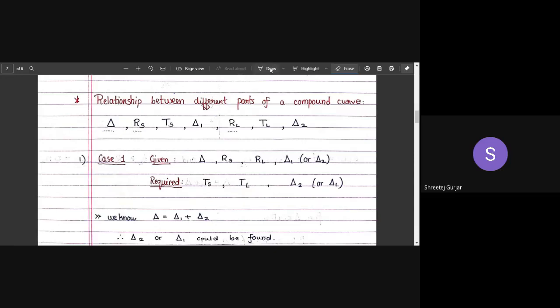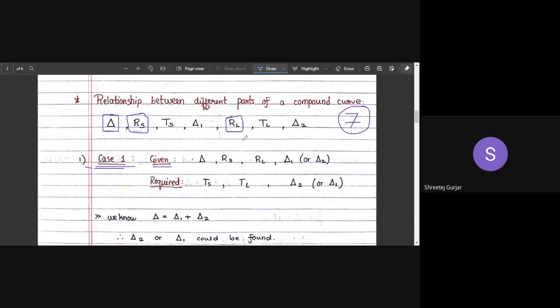So coming to case one. What are the given variables among these seven variables? I have told you they have to give you any four variables. But one important thing I've told you is that delta, RS and RL will compulsorily be with us.